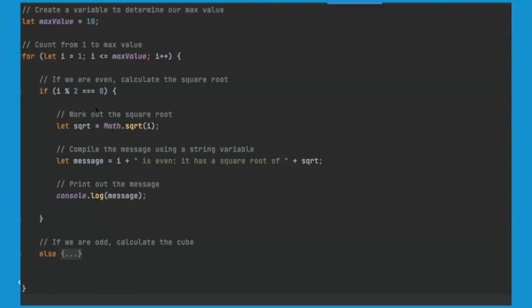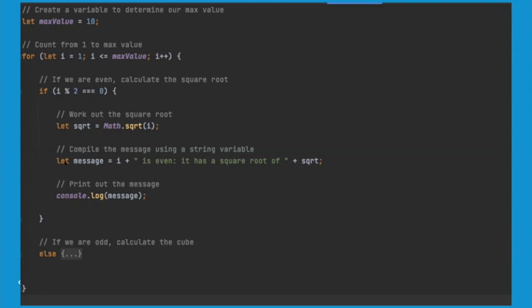Once that has actually fired, so if we're in the case of an even number, then we can go ahead and do what we want to do for an even number, which in this case is use a built-in function to work out the square root of the value of I, which in the first case would be 2.